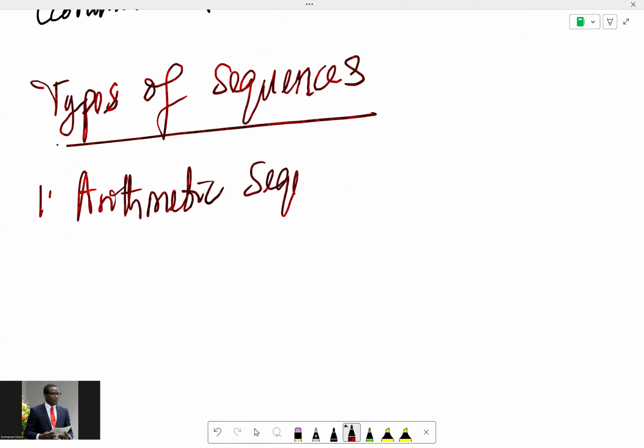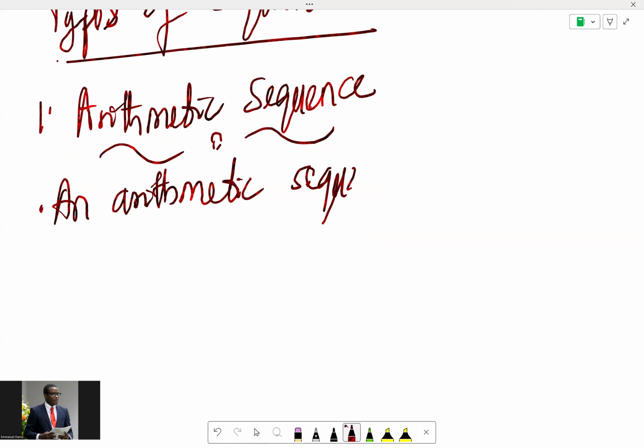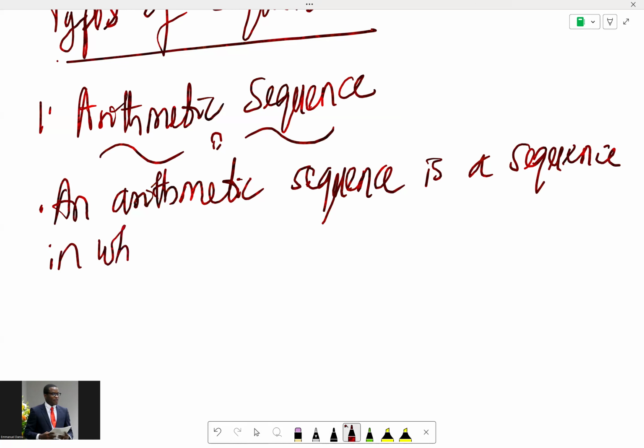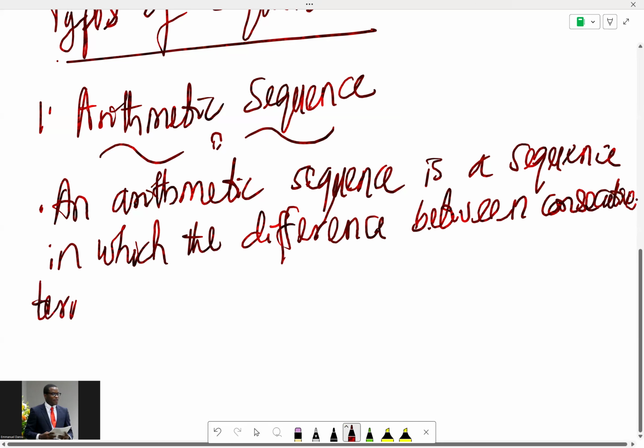An arithmetic sequence is a sequence in which the difference between consecutive terms is constant.